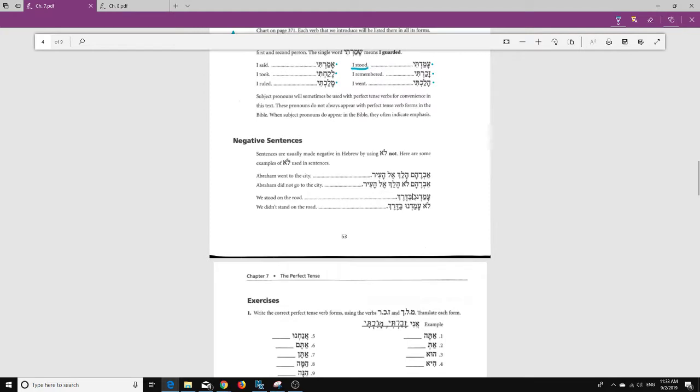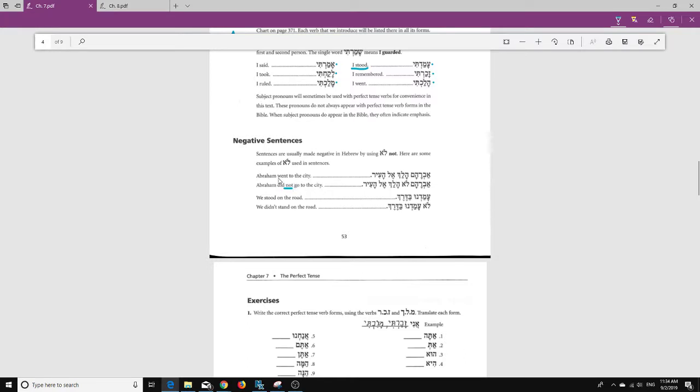Alright, well let's talk about one last thing in chapter 7, and that's how to make sentences negative. And by negative, we'll introduce the word no or not. So in English, we might say Abraham went to the city, or Abraham did not go to the city.